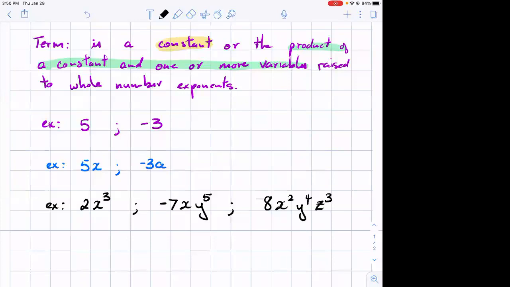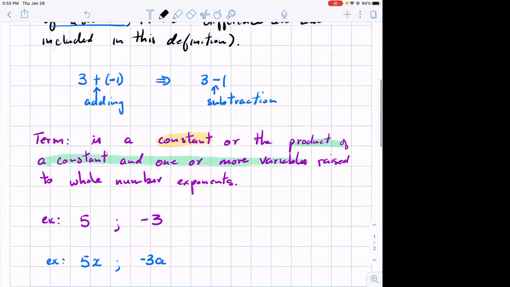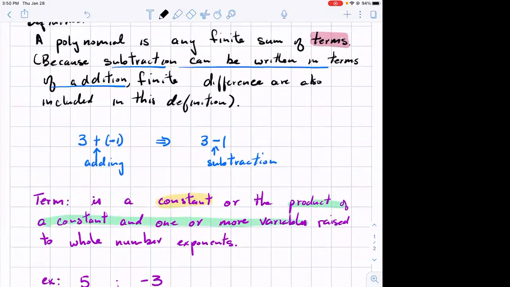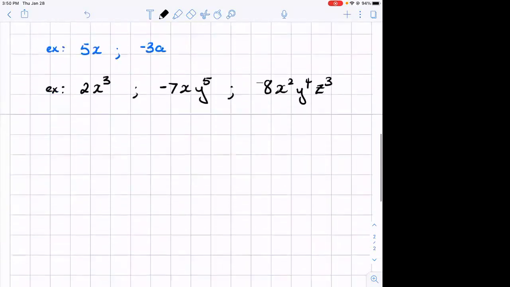Now, if you understand what a term is, then we can go back to the polynomial definition. A polynomial is a finite sum of terms. Okay? So examples of polynomial, we can have 2x plus 3.